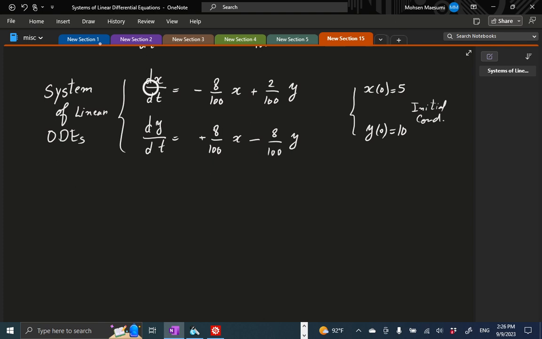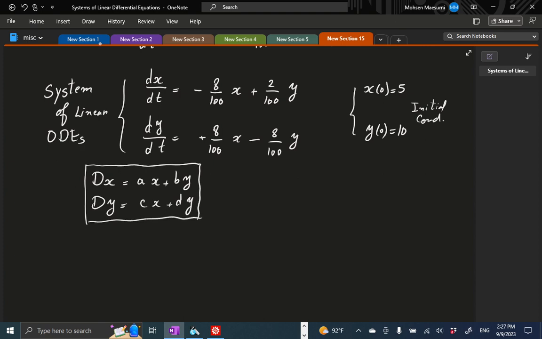So what you see here, now let's write this thing in our new notation, dx. On the right hand side you see some number times x, some other number times y, and then you have dy, some number times x, some number times y, and you have your initial condition.